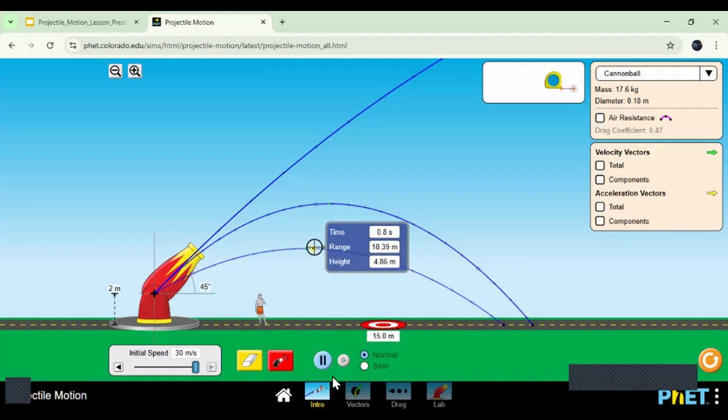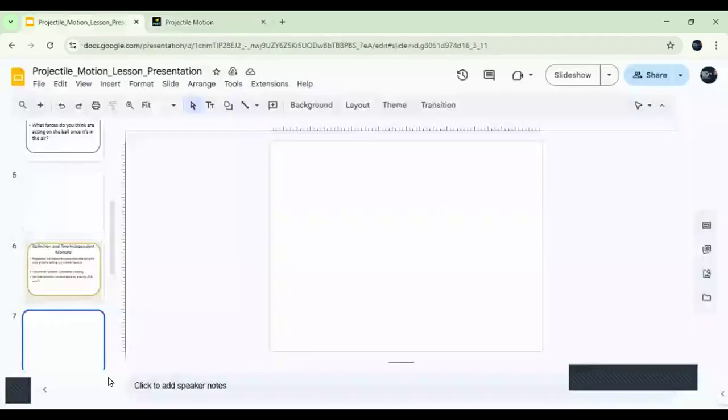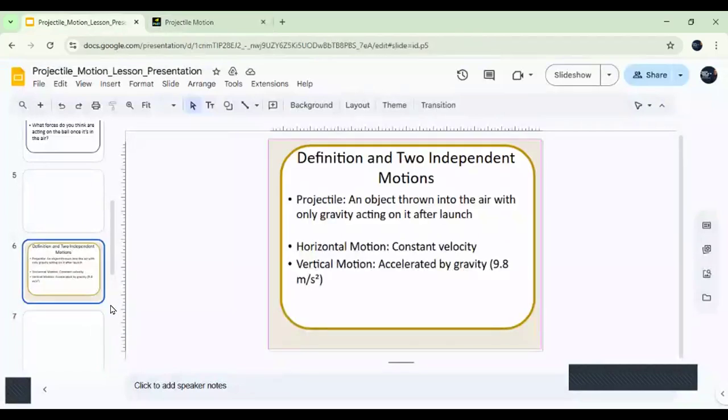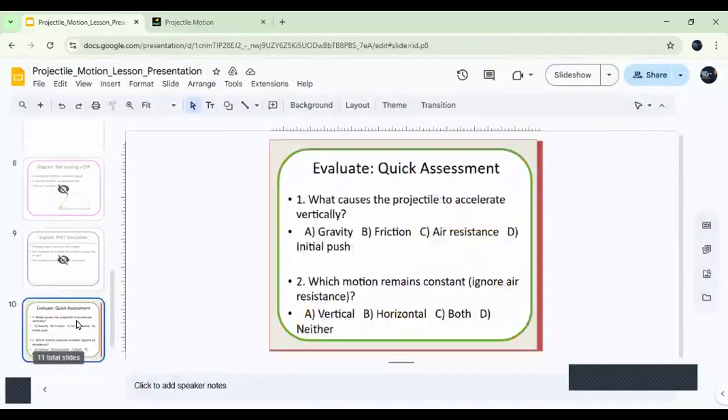So now let's get back to our slide. We're going to do a quick quiz to check our understanding of what we have done so far. Okay, let's go to the questions. Quick quiz.